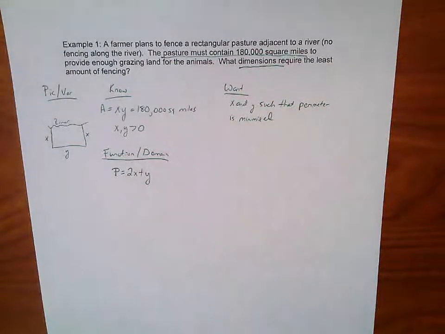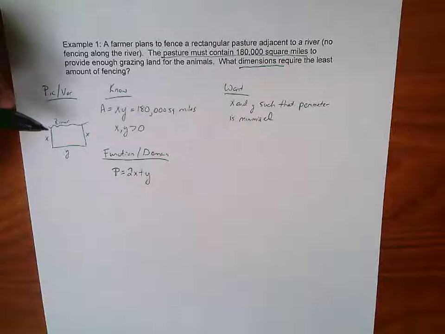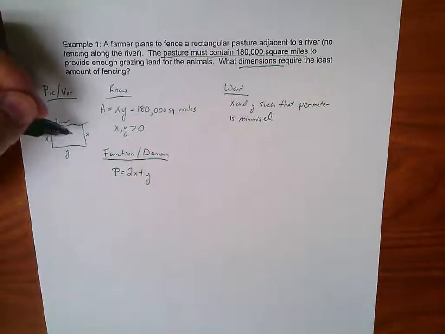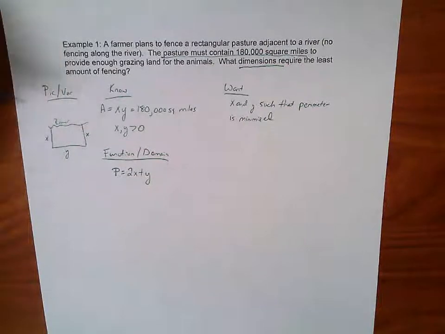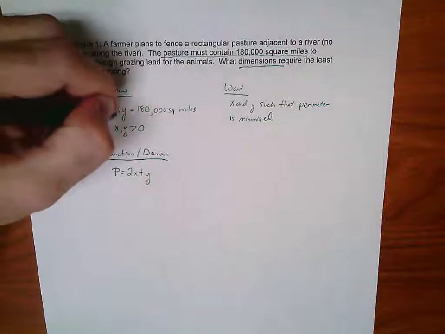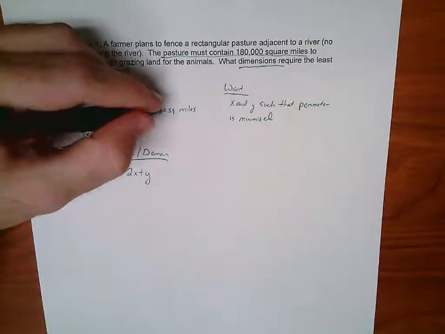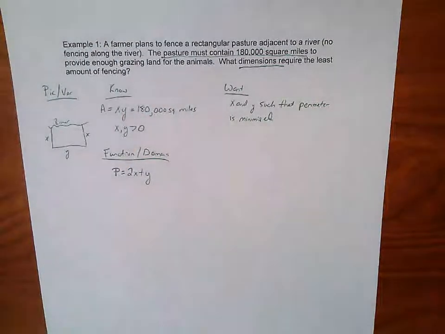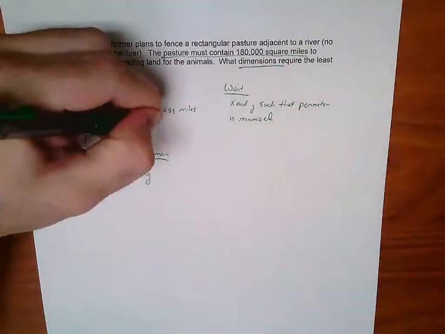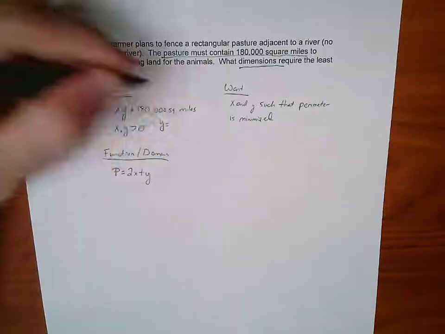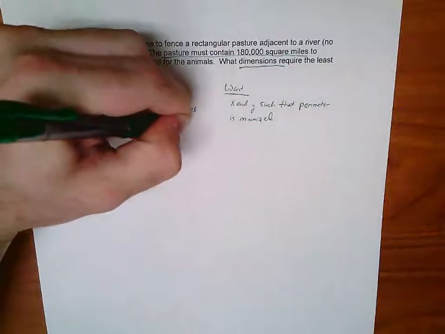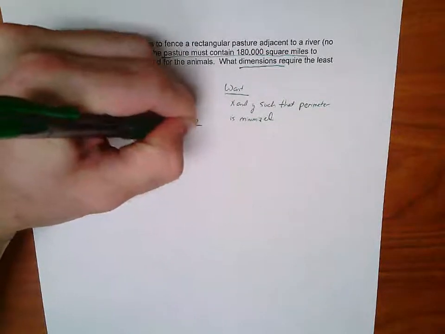But the issue with this is that this function is in two variables, both x and y. So we need to make it a function of one variable. To do that, we use what we know: x times y is 180,000 square miles. We want to solve this for one variable, so let's solve for y. y is 180,000 divided by x.